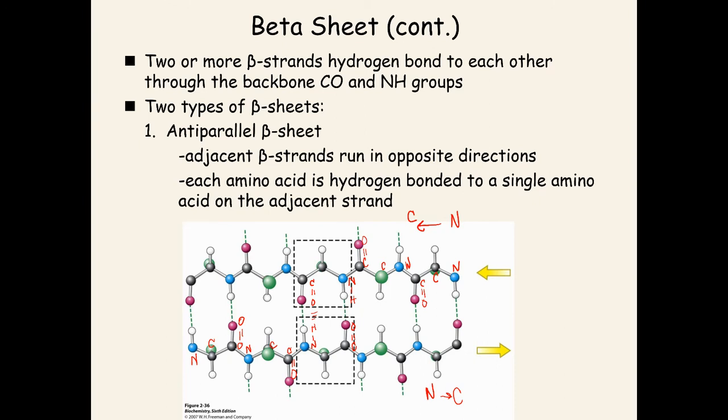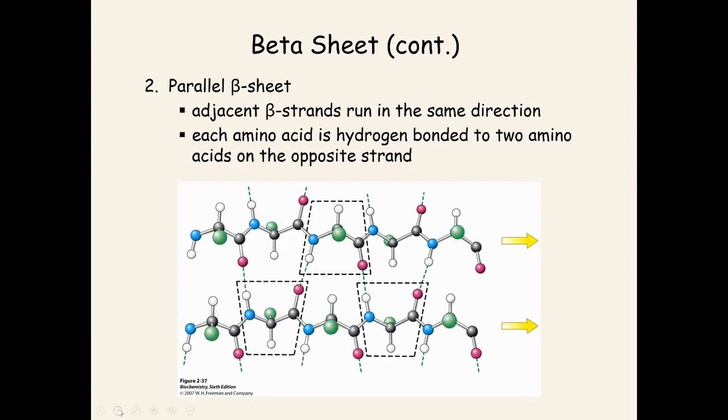And you'll see that in the next pictures coming up. These are parallel. These are adjacent beta strands that run in the same direction. So N, C, C double bond O. This is N to C, and in this case, N to C as well. And they're stabilized again by hydrogen bonding.